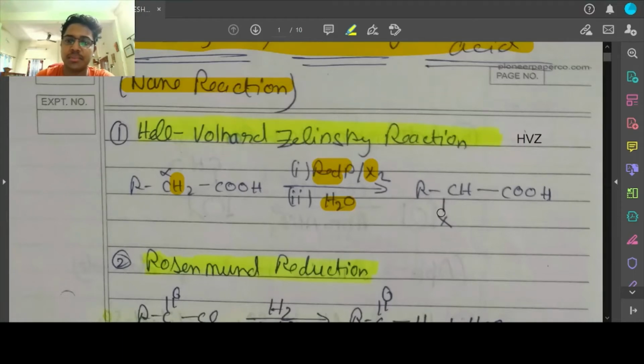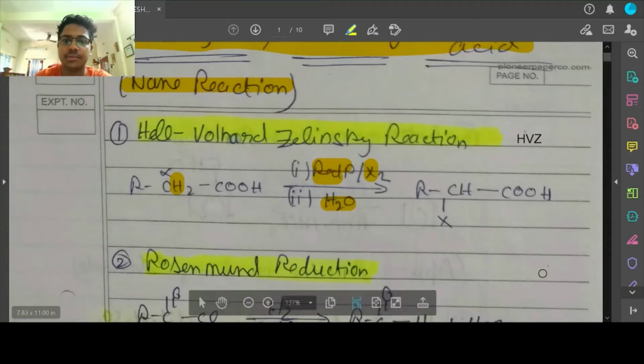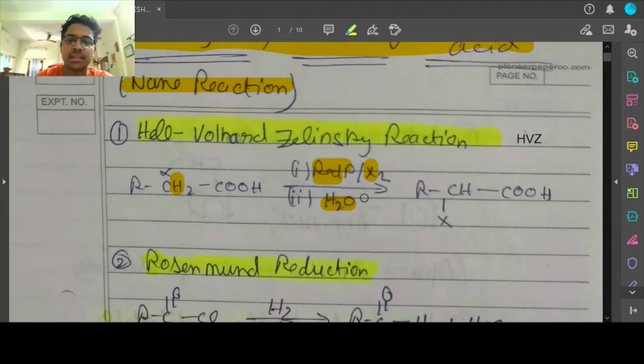One alpha hydrogen is replaced by a halogen, and the entire rest of the molecule remains the same. I hope this is very clear to you, that one alpha hydrogen is replaced by one halogen. Just remember the reagent: in the Hell-Volhard-Zelinsky reaction, you use red phosphorus and halogen.